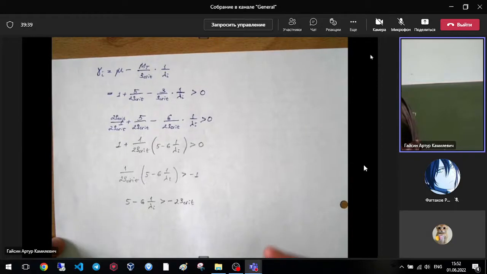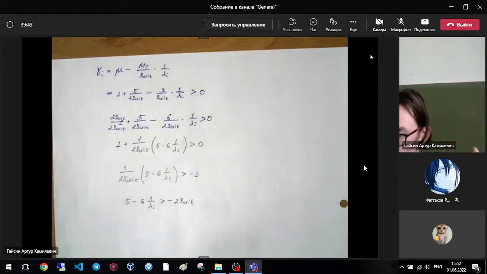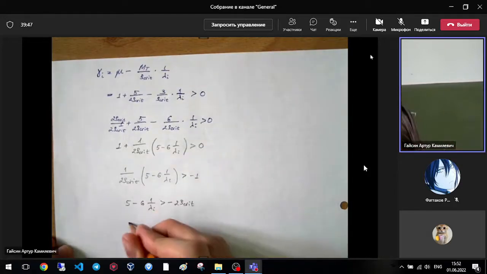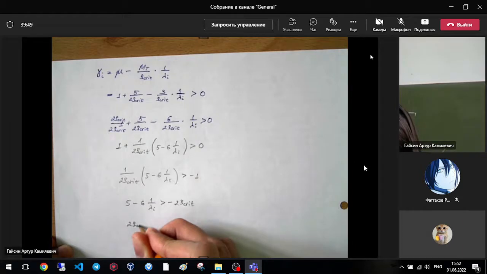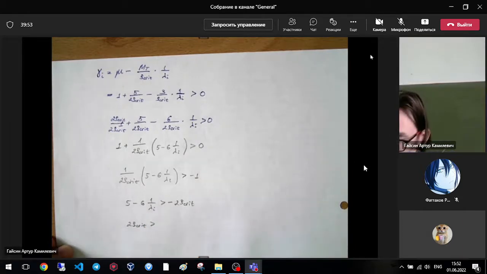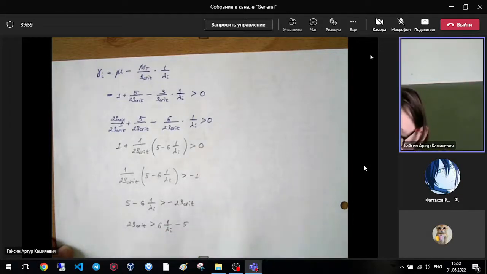So it will be something like, I will write rho critical from the left side in this case. So it is 2 rho critical more than 6, 1 divided by lambda i minus 5, if I'm not mistaken. And then we can divide both sides by 2.